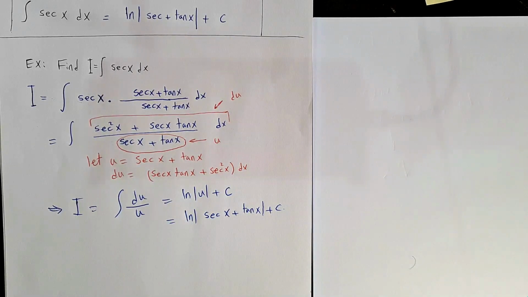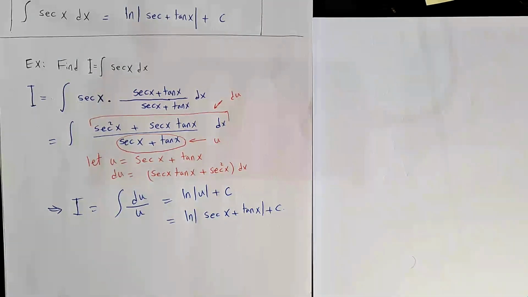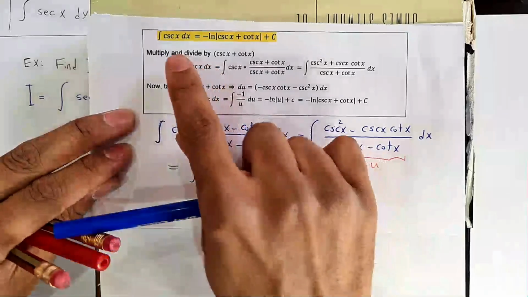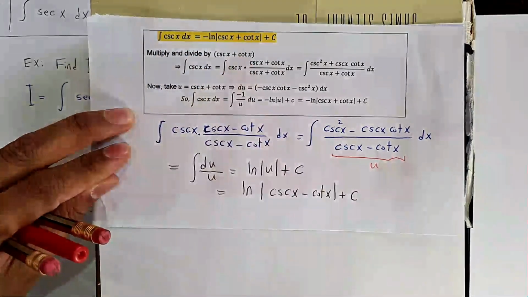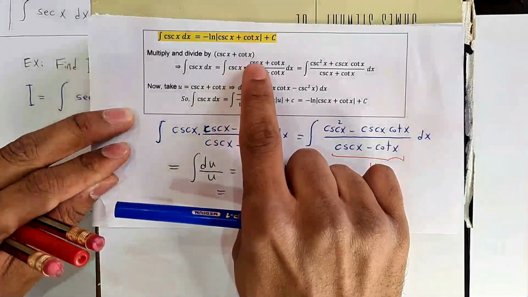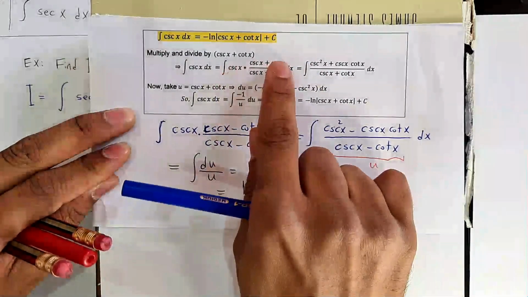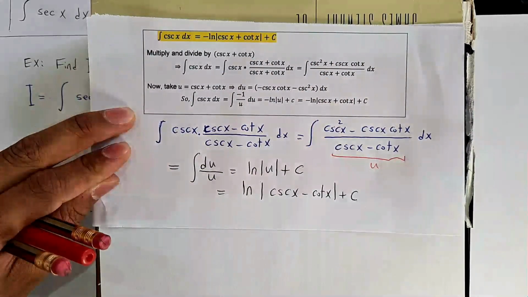Now it is good for you to find the other one, which is the integral of cosecant x dx. I will give you the details quickly. For the integral of cosecant, we need to multiply by cosecant x plus cotan. You see it here, up and down. If you simplify, you will get cosecant by cosecant, cosecant square. Cosecant by cotan is given over here. Now take the denominator to be your u.